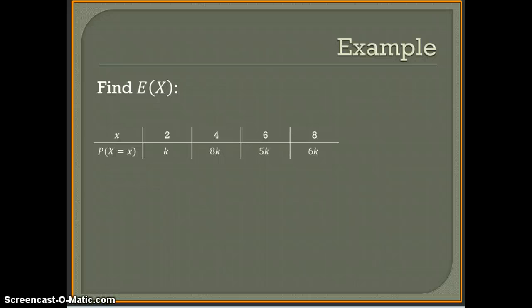Okay, so here, find the expected value of x. So here we've got a nice little piece of algebra in there. So the expected value of x equals 2 times k, 2k, plus, what's this? 32k plus 30k plus, what is it? 48k, thank you, you're as bad as I am.